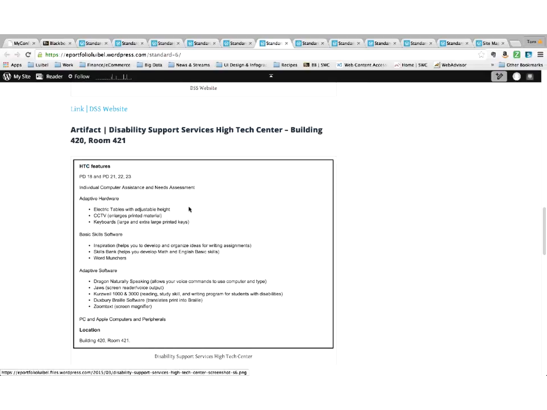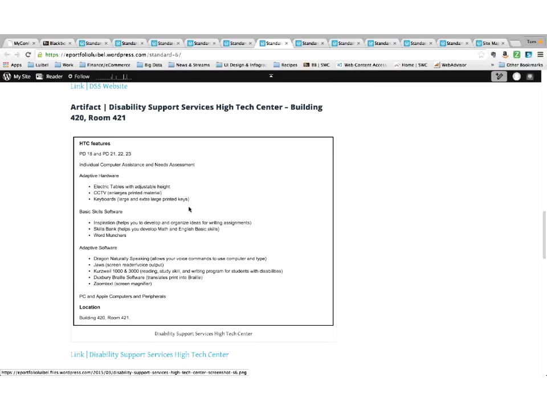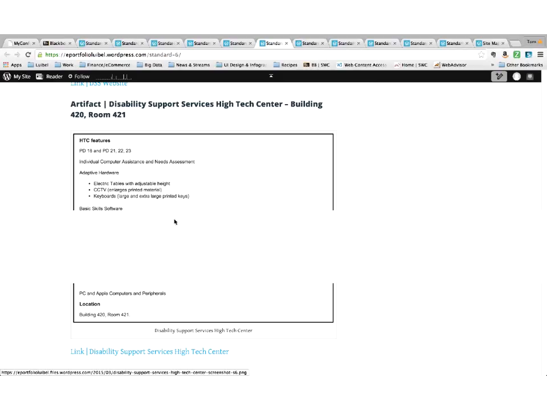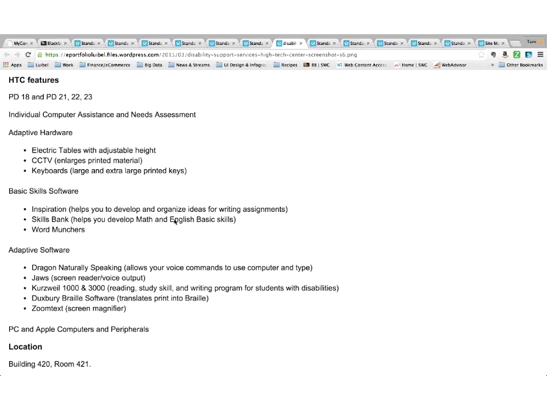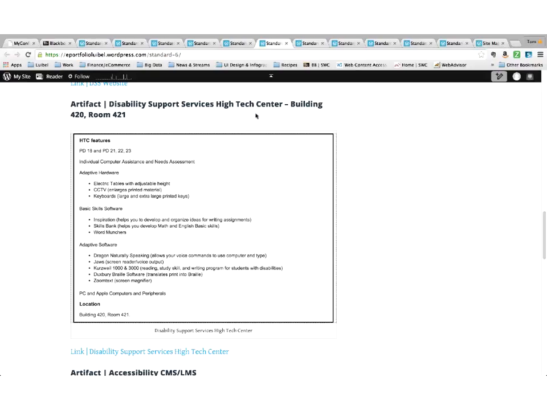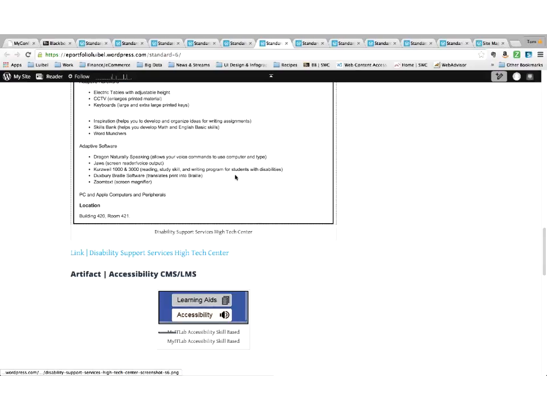And then I also tell them about the Disability Support Services High Tech Center, Building 420, Room 421, where there's a lot of technology to help them with whatever assisted needs they have. So there's Dragon, there's Kurzweil, there's Skills, and this helps them with their studying, and it's a friendly environment for them so that they can do their work.